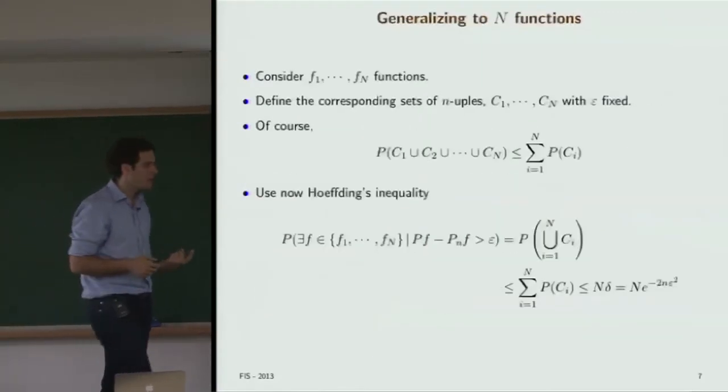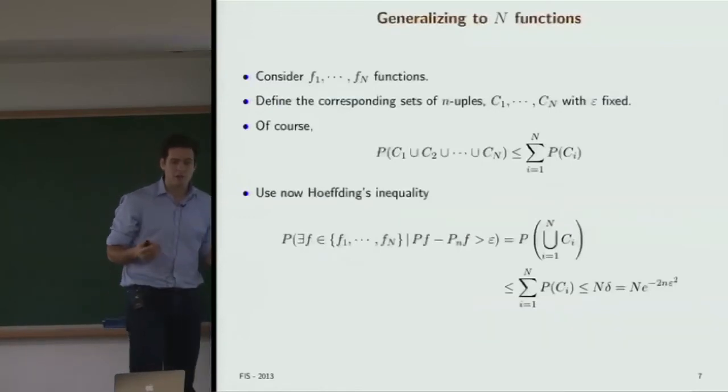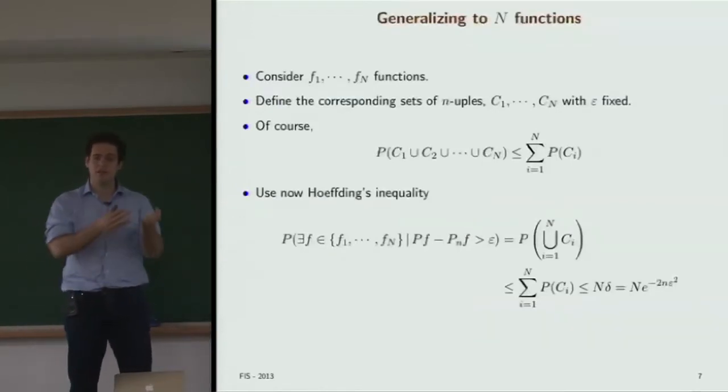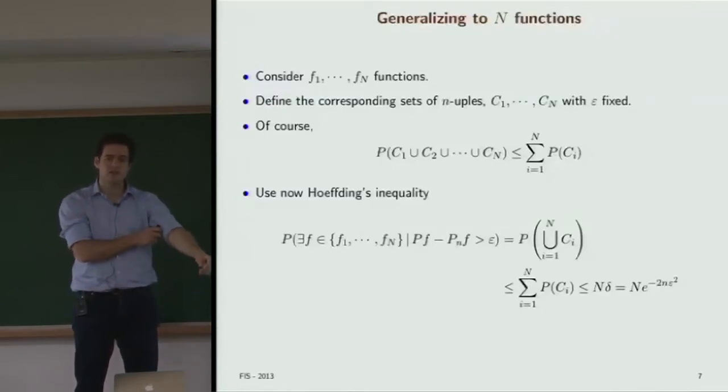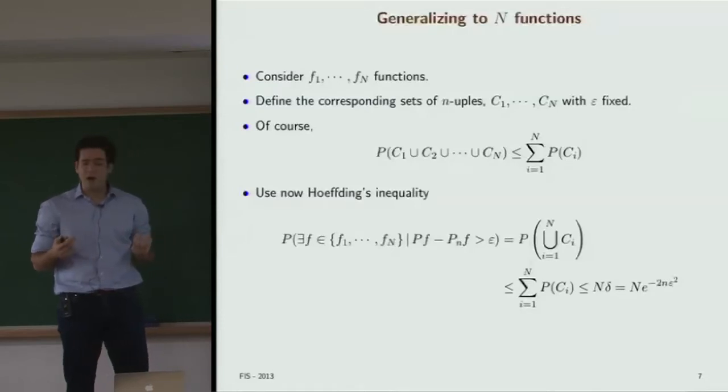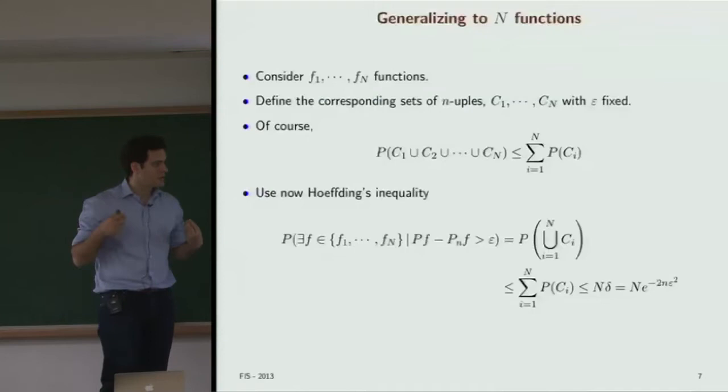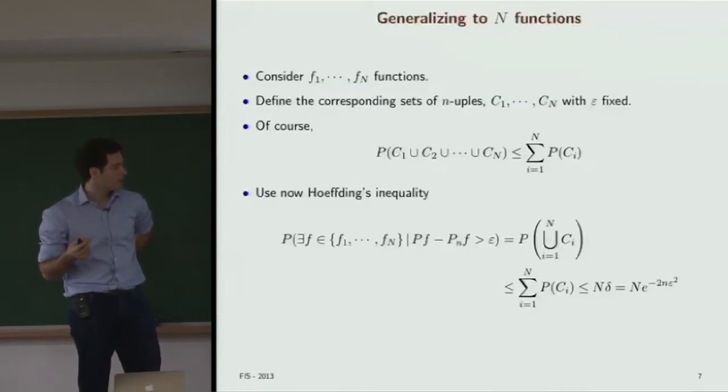Now let's do it for n functions. So my machine learning problem is the following. I have n candidates. I have to choose one using an empirical sample. But I would like to also bound the difference between the true risk and this empirical risk. I'm going to do this again using a uniform bound. So I'm going to say that for every function there is one of those sets. The probability of the union is smaller than the sum of the probabilities.